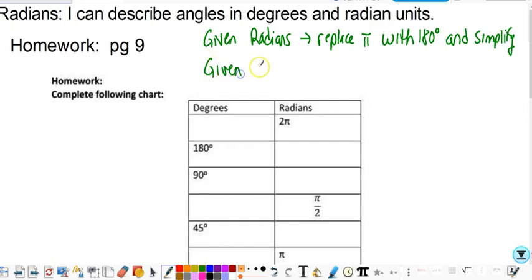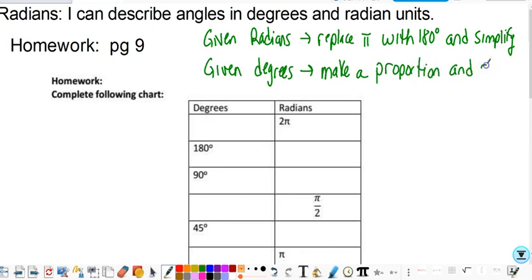If you're given degrees, make a proportion and solve. So the proportion is going to be pi radians to 180 degrees is some missing radians to the amount of degrees you're given. Some of these we've already done, and you can jump right to how many radians that would be if you remember or you look back at those prior pages. Don't forget to check your answers in Drive.